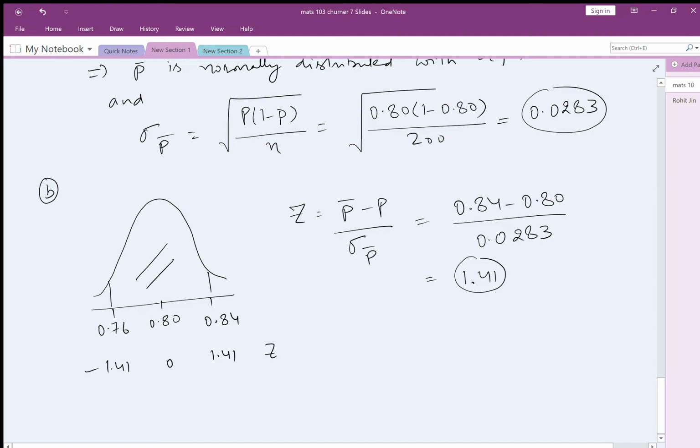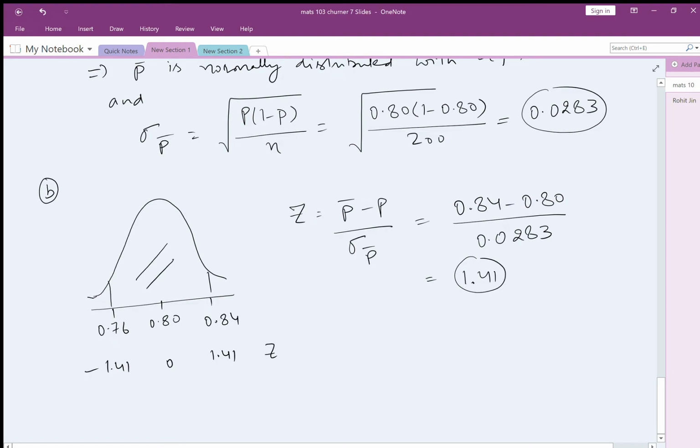Now let's look up the z table. Sorry, I'm not able to show you the tables as my software only allows me to open one screen at a time.